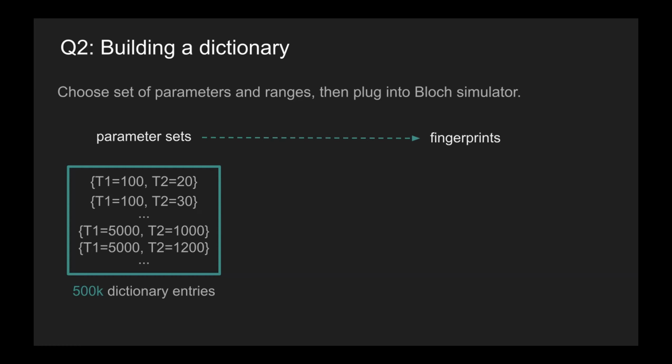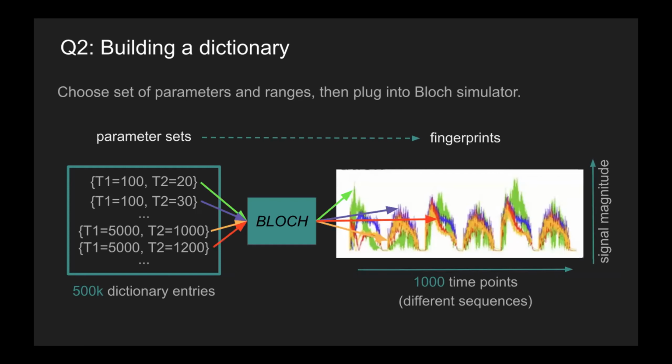And so you take each of these entries, you plug them into the Bloch simulator, and you get fingerprints out. So each set of parameters goes through all of these 1,000 different acquisitions, and you measure how much signal comes out. And that corresponds to the fingerprint of that set of parameters.